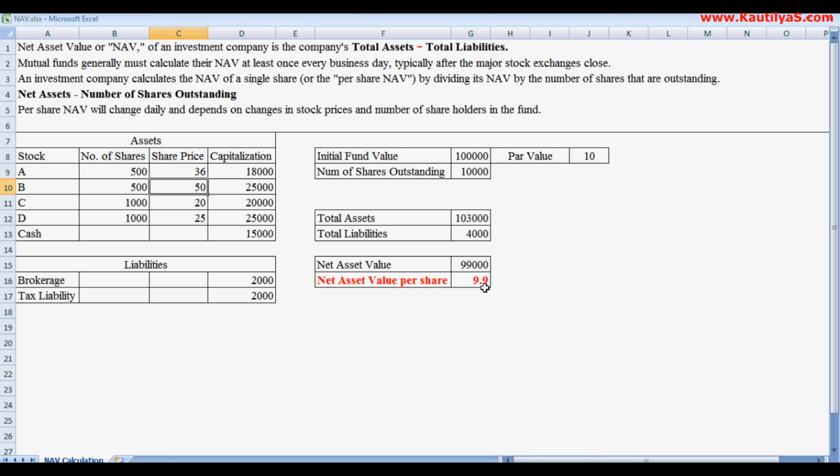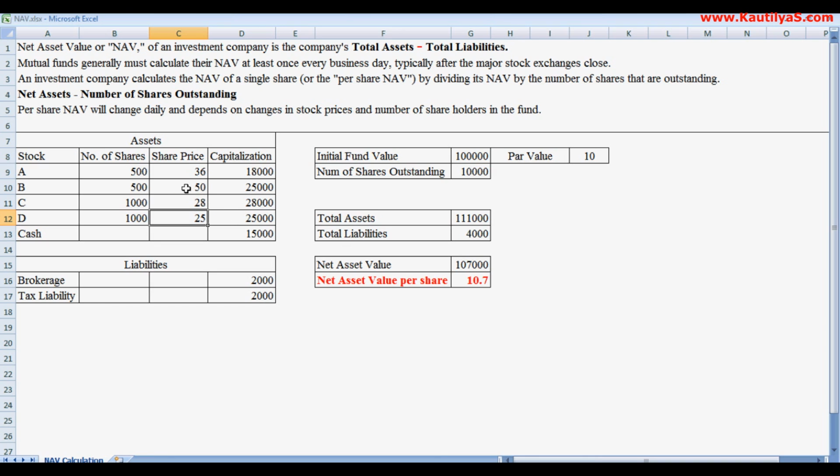Earlier it was 9.6. And let us say stock C, when we purchased, the share price was 20. Now it moved to 28. So our net asset value has become 10.7 rupees. So as the share price increases, net asset value of units will increase.